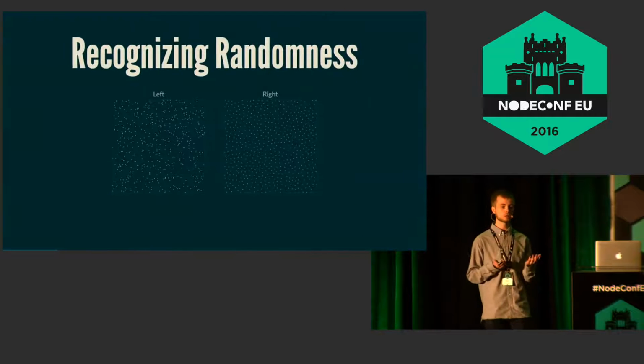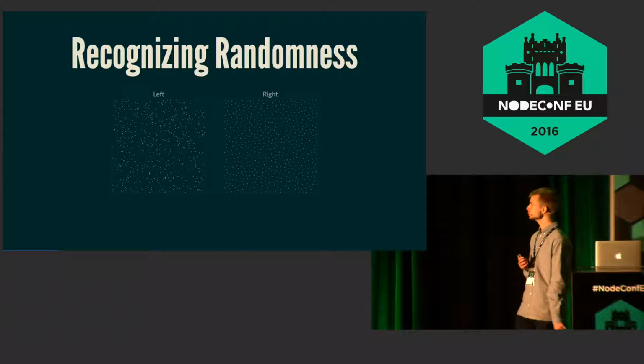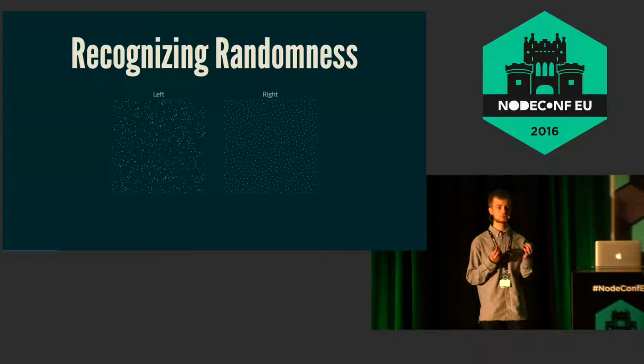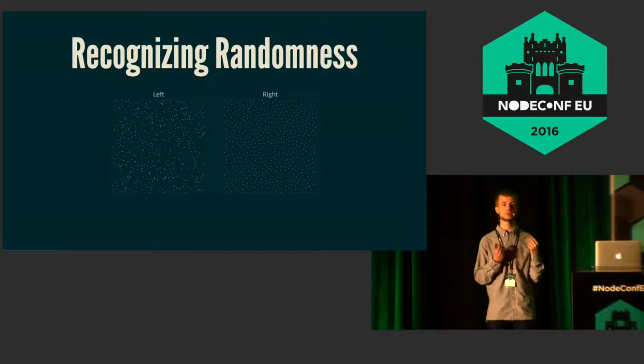So what I would like you to do now is to take part in this game called Recognizing Randomness. So here are two pictures. One is random, and the other is not. Please raise your hand if you think it's the one to the left that is random. OK. 3, 2, 1.